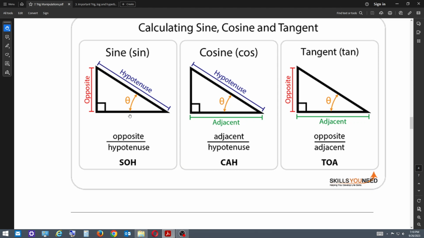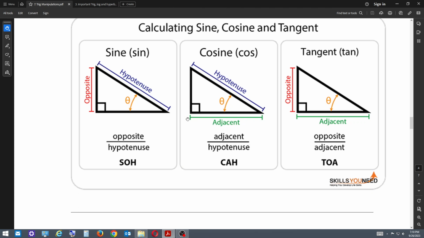Now, you can create any right angle triangle where the opposite over the hypotenuse is x over 3. It doesn't matter how big it is, as long as the ratio is the same. Then the angle here will always be y. It will always be the angle we want.